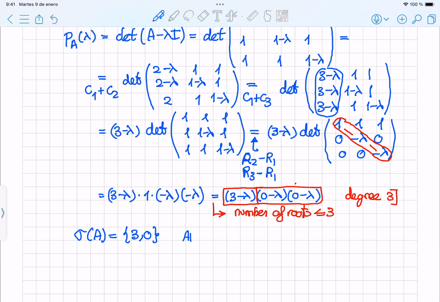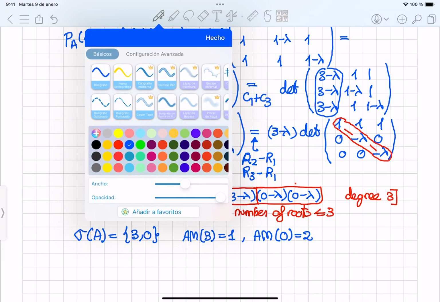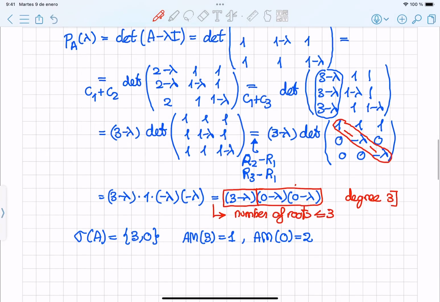The algebraic multiplicity of the 3 is 1, because this is only repeated once, and the algebraic multiplicity of 0 is 2, because it is repeated twice. Okay, this is the notion of multiplicities explained in the lesson part, which are very important for what we are going to study tomorrow.